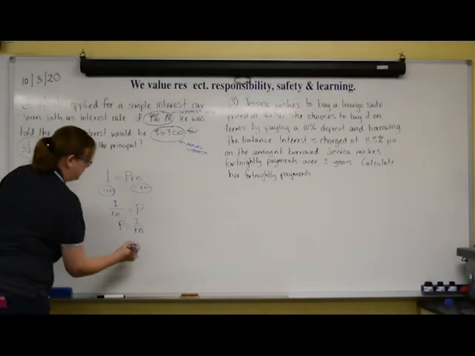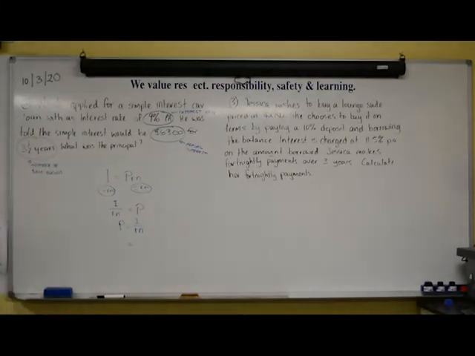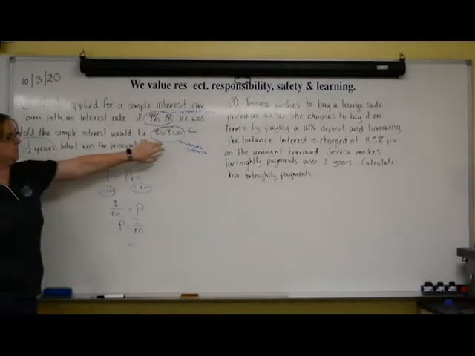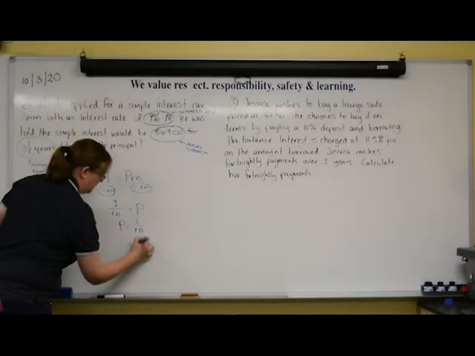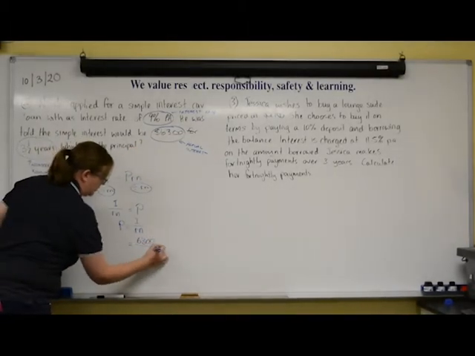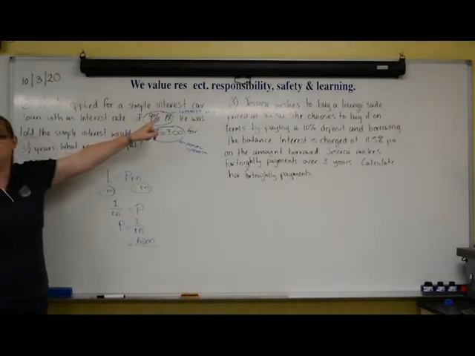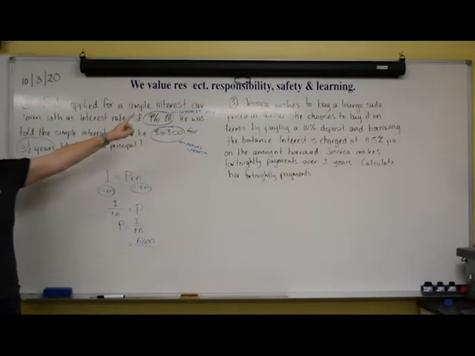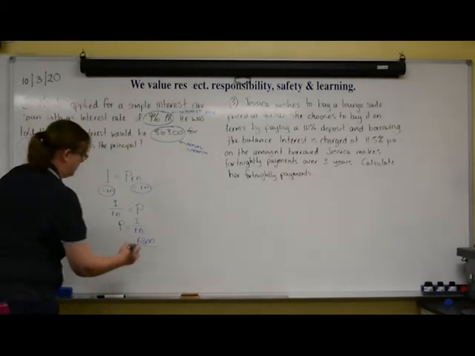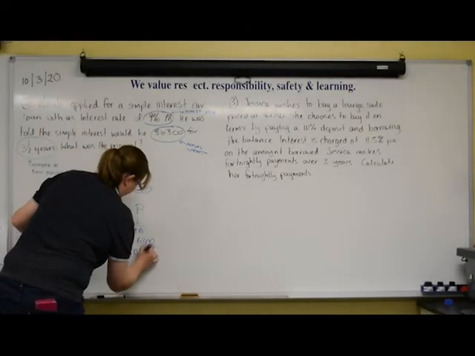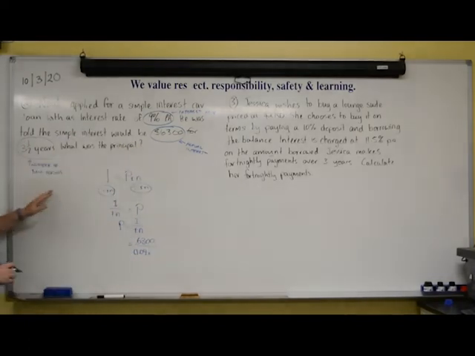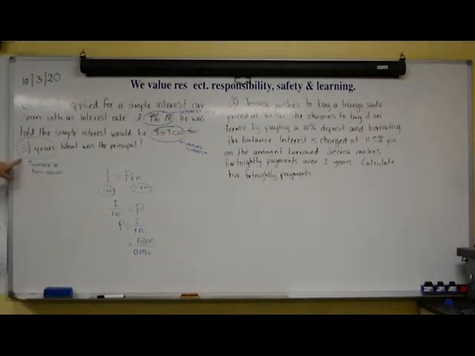So what was the actual interest from our question? $6,300. Alright, the interest rate is 9%. What was that as a decimal? 0.09. Times the number of time periods, which is 3.5.